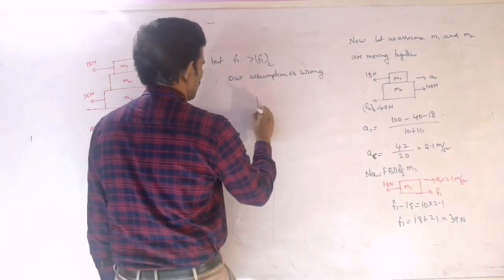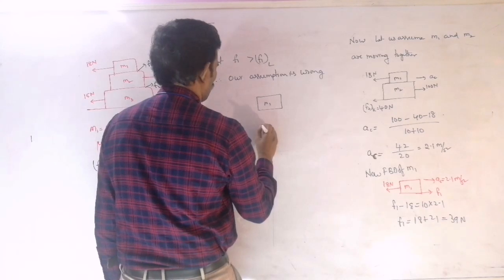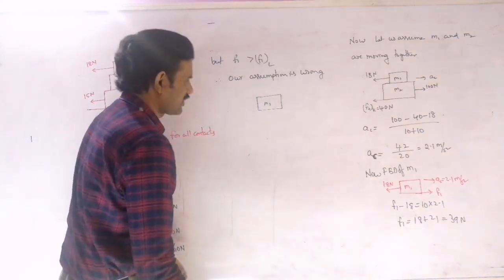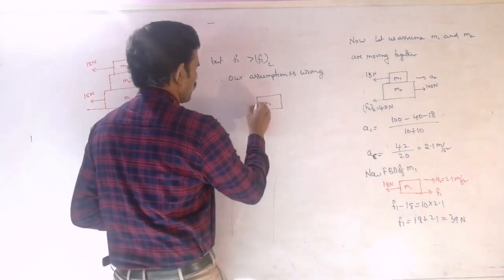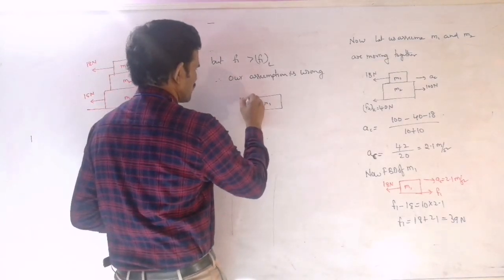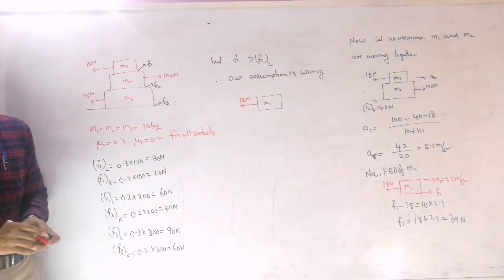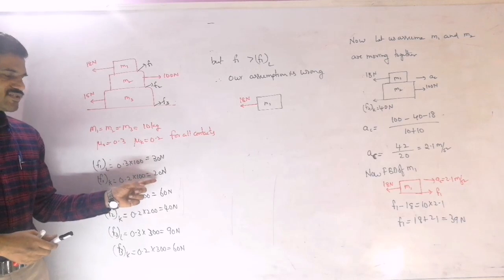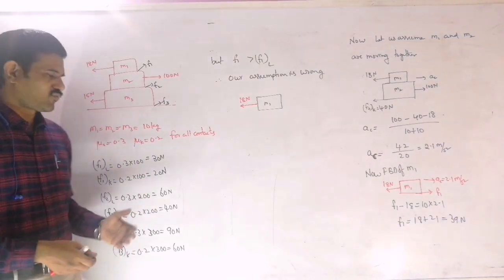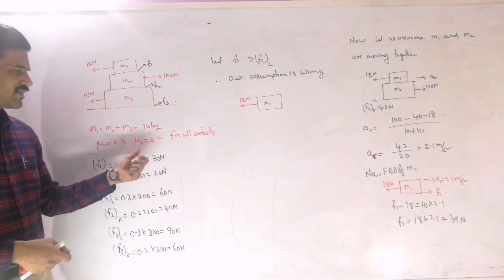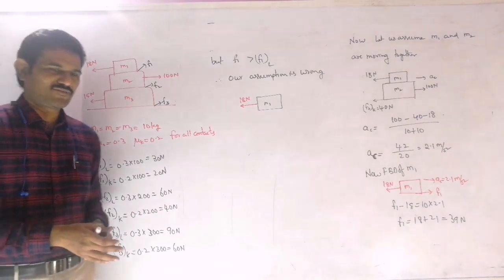Now I take the M1 and M2 free body diagrams separately, and then we can write the accelerations. For M1, 18 newtons is acting on this side, and on the other side the frictional force. How much friction do we consider? It is 20 newtons, because we conclude that slipping is there. Once slipping is there, kinetic and static friction have different values, so we must consider kinetic friction only.